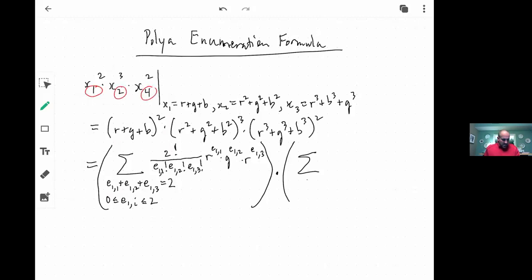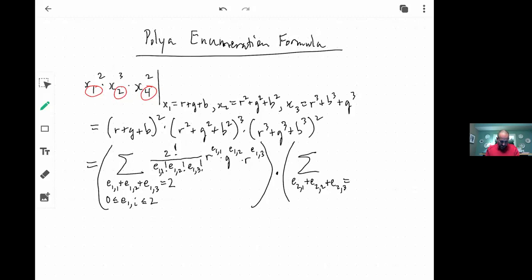So it's going to be E2,1 plus E2,2 plus E2,3 equals, okay, so these powers have to add up to what in this case?